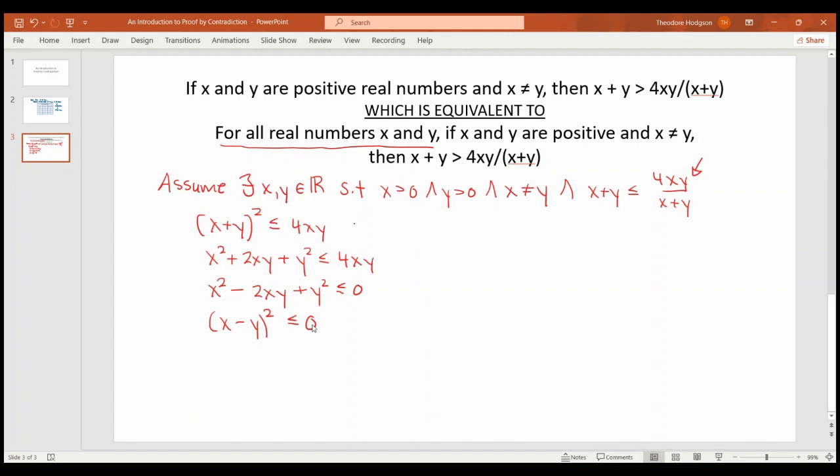Now comes in the question: what do we know about the other assumptions? This leads us to two conclusions. Either x minus y quantity squared is less than 0, which cannot happen in the real numbers. Remember, if you square any number, be it positive or negative, you get something greater than or equal to 0.